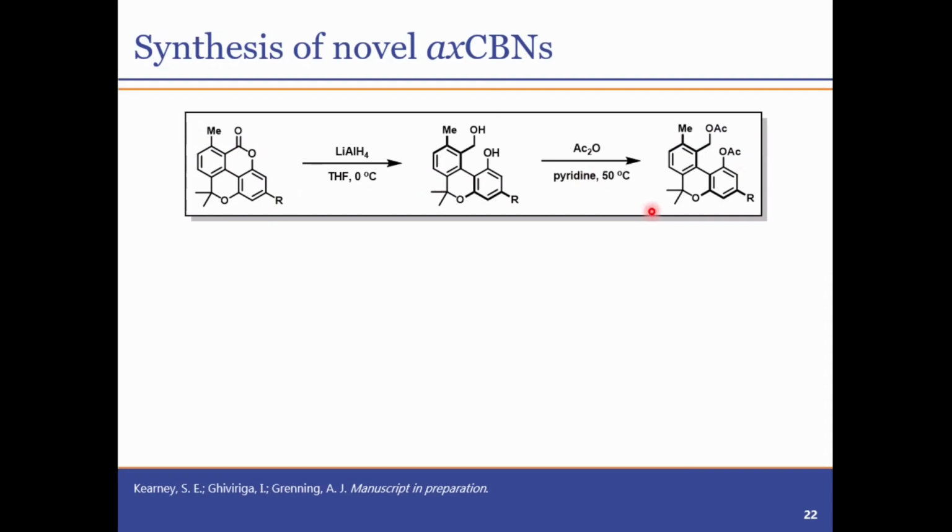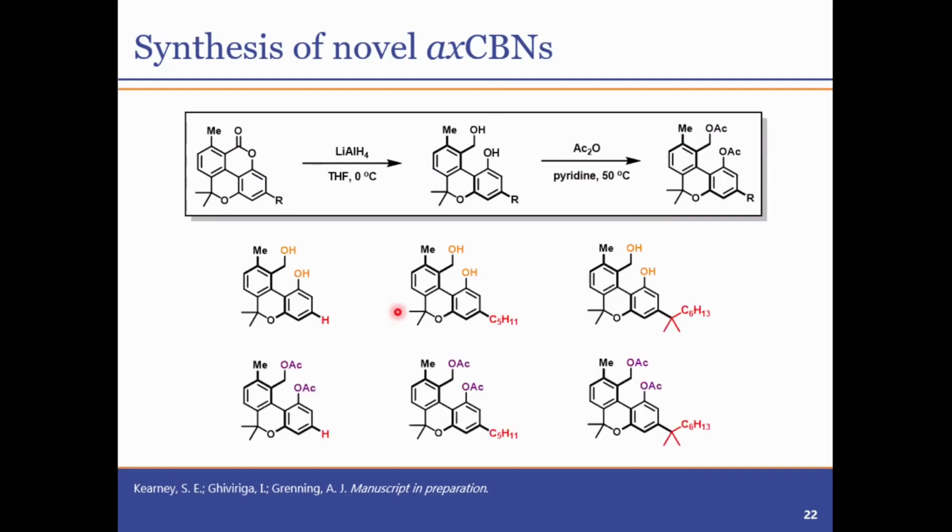And so this series of 6 molecules were our most interesting molecules to date, in that they all exhibit axial chirality, but will have different barriers to interconversion between those atropisomers, as I've explained, given the significant difference between hydroxyl groups versus acetate groups.